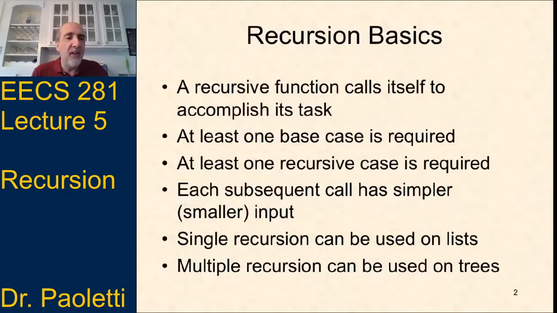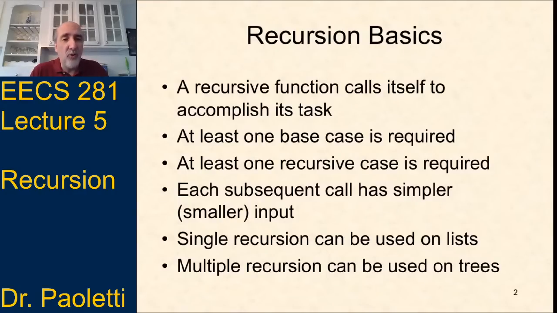Something like a single recursion, a function that within one call calls itself at most once, can be used on things like lists, like binary search. And when we say lists, we mean basically a linear data structure, not necessarily a linked list. But we could use single recursion on something like a vector.